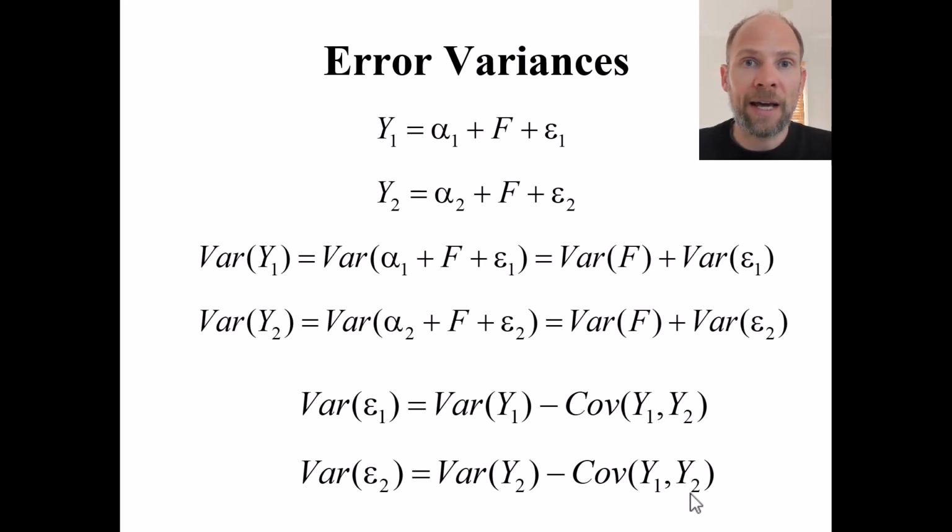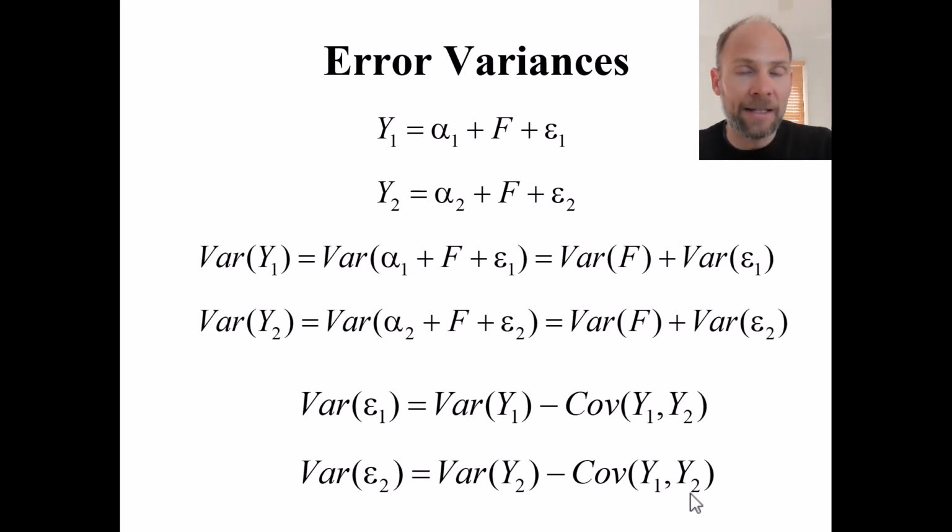So we've shown that for the two intercepts we have a unique solution, meaning they are directly linked to observed information. The factor variance was directly linked to the observed covariance, and the error variances are directly linked to the observed variances and the covariance. And so the key point of model identification is that you can show that on the right-hand side of these equations, you only have observable information.